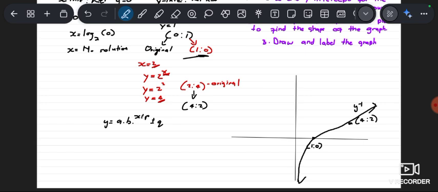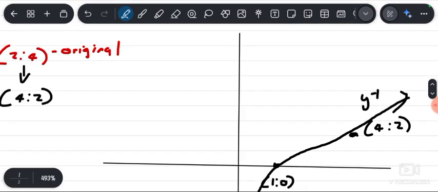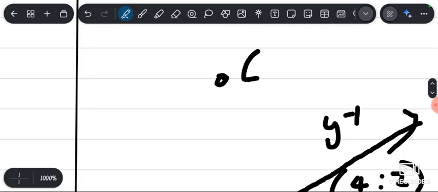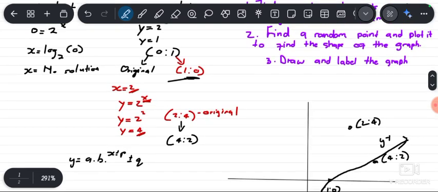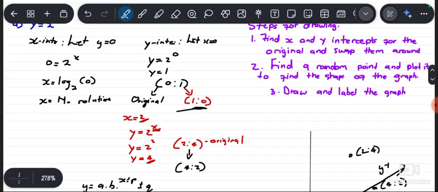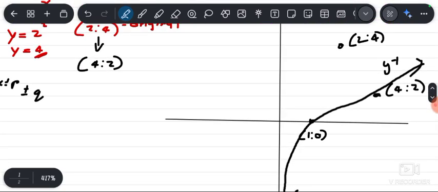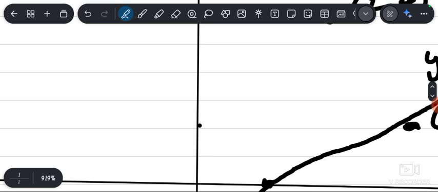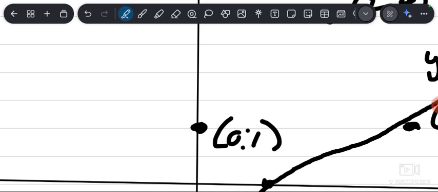Now let's draw the original. So 2 and 4, that would be somewhere high up over there, right? Let's say 2 and 4. Then let's say maybe another point, which is 0 and 1.